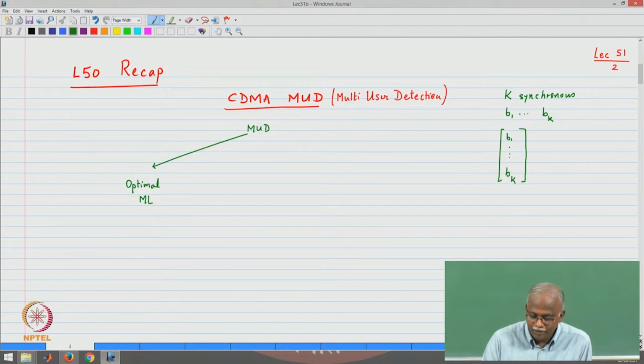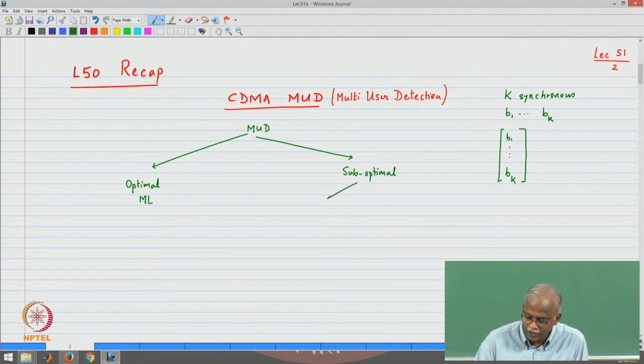On the other hand, we have also looked at suboptimal receivers. So, in the last lecture we introduced a very useful solution, one that is widely used, that is the decorrelating receiver. This we showed is a receiver that has lower complexity, but at the same time achieves good performance.